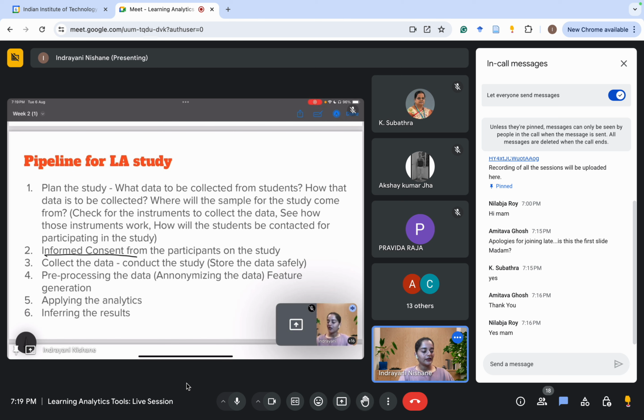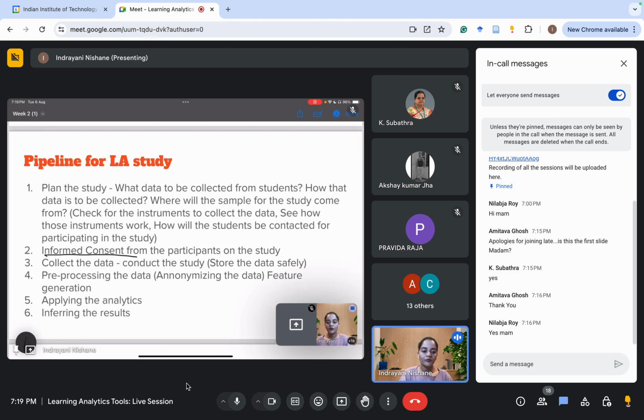Then the last and most important step is inferring the result, where our domain knowledge comes in. Again, I will give you my thesis example: I am dealing with a learning environment which is designed to teach and learn the Python programming language.